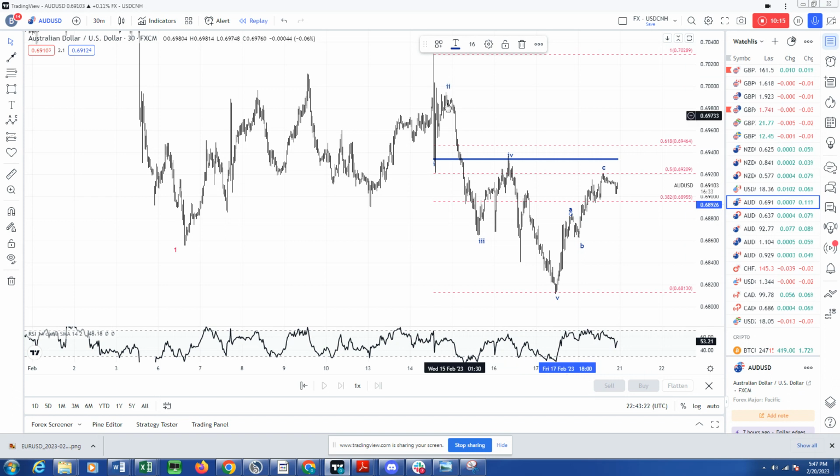Our thesis is that we are in a big wave three, and within that wave three, we found this microstructure that has us in an ABC corrective pattern. So I'm comfortable. I would put in a short position here, protect with a stop loss at 69.50. So that is how I break down the charts, and how I look at things.